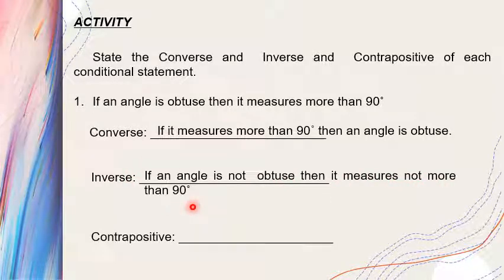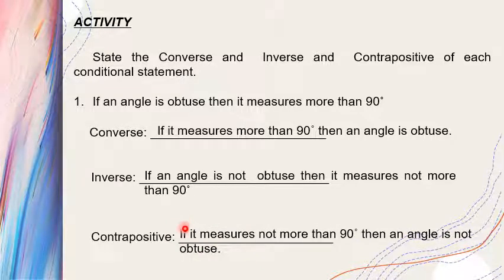Then for contrapositive, we do Q and P first, then not. If it does not measure more than 90 degrees, then an angle is not obtuse. As you can see, that is the opposite of the inverse, and the opposite of the converse is the conditional statement.